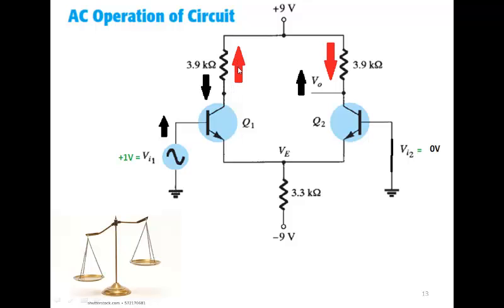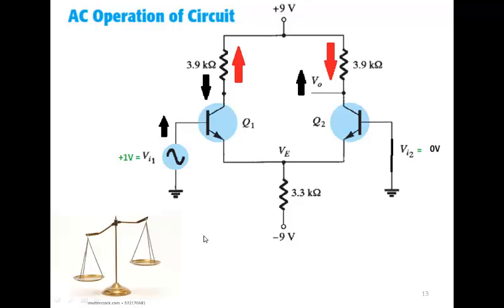So with any increase in voltage at the base of Q1, the collector current of Q1 will increase, and if collector current increases, the voltage here at the collector of Q1 will decrease.